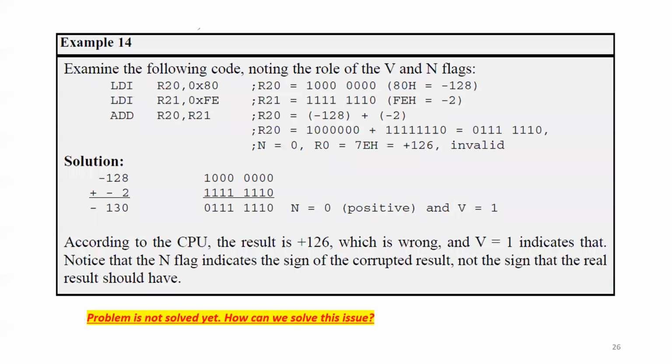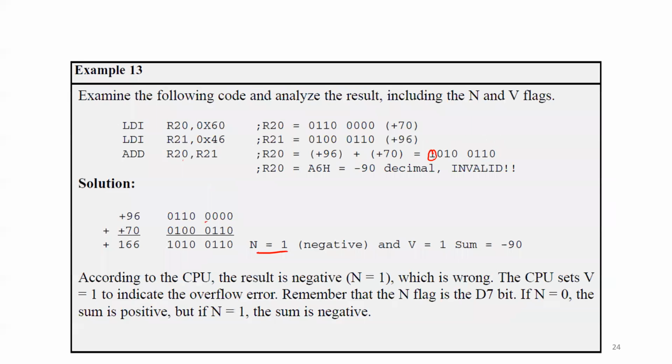So let's go to the previous example here. Because the summation at D6 overflows, which means 1 plus 1 is 0, and we have a carry here. So since we have overflow for D6, the V flag is active high.